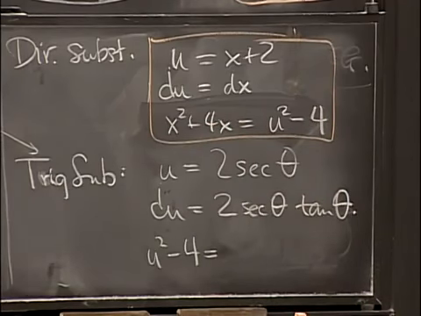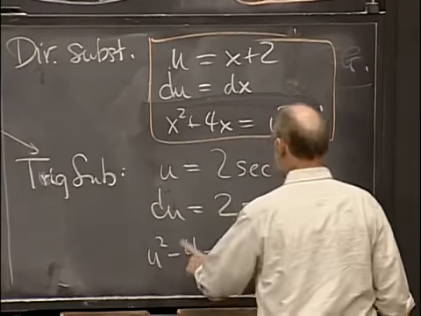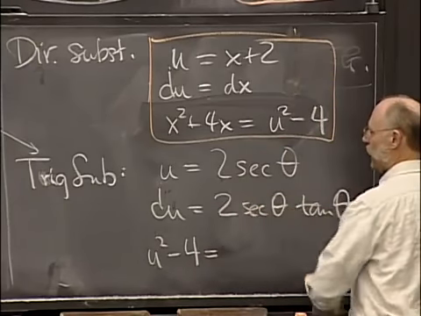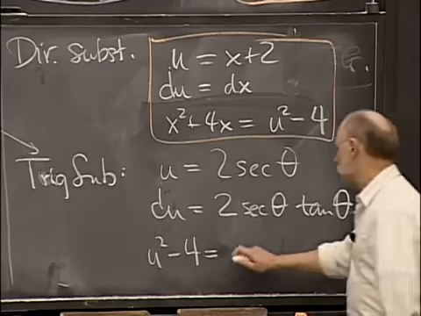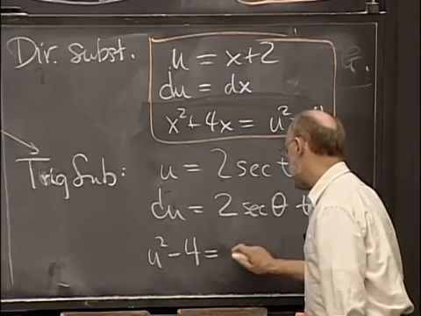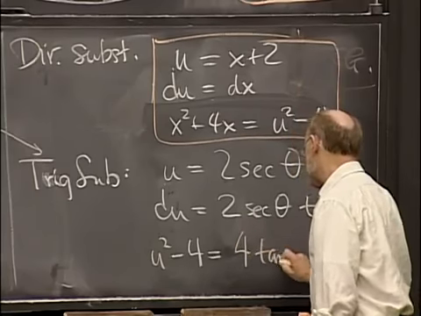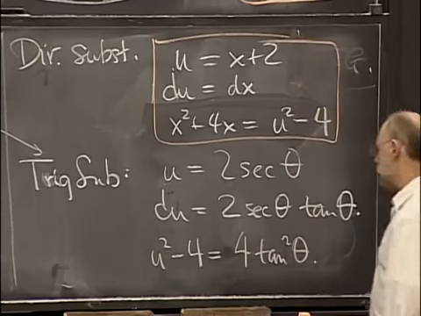I'm supposed to be able to rewrite that in terms of the tangent, according to this. U squared minus 4 is 4 secant squared minus 4, and secant squared minus 1 is tangent squared. So this is 4 times the tangent squared of theta.